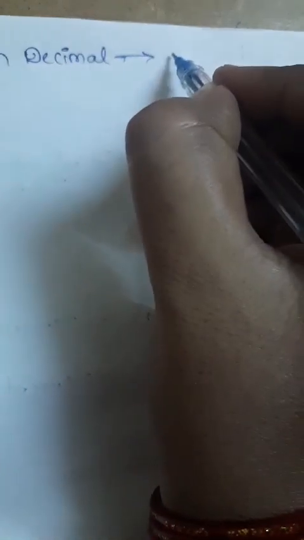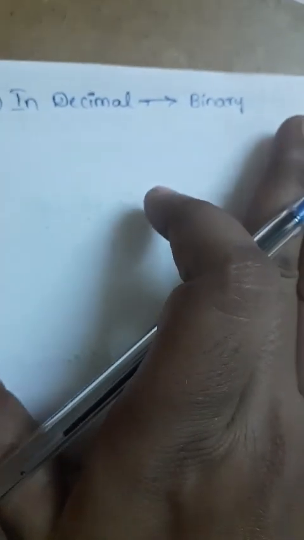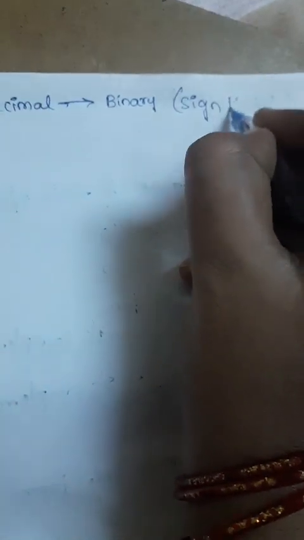I need to clear the steps. The first step in arithmetic addition: if you are given the numbers in decimal, that decimal will first be converted into binary, including their sign bits.